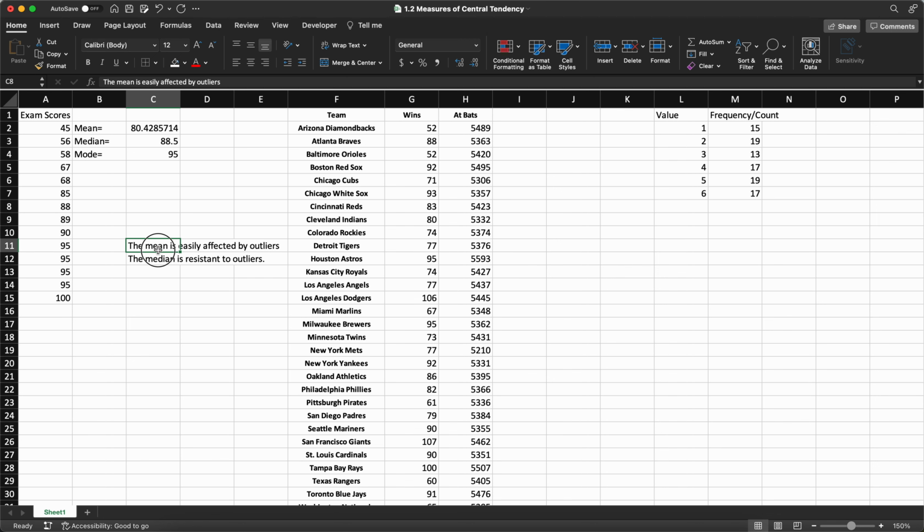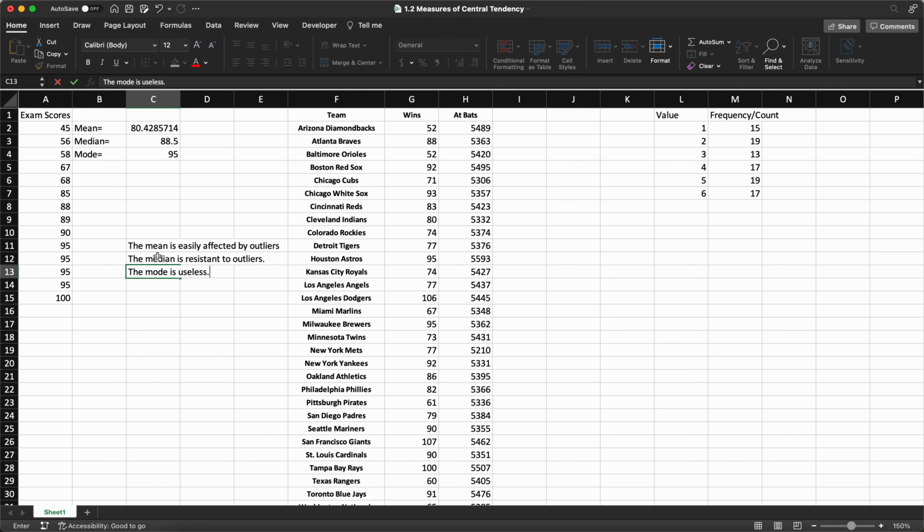So let's talk about how we can translate what we found from the mean and the median to talk about the shape of this distribution. Now you might have noticed that I haven't talked about the mode yet. 99.9999999% of times, the mode is useless.